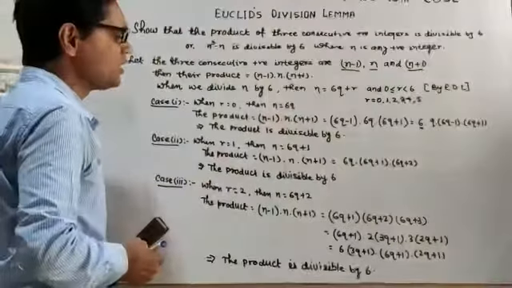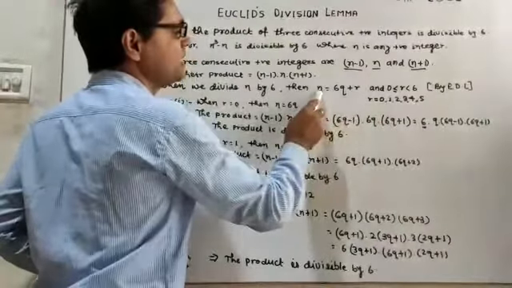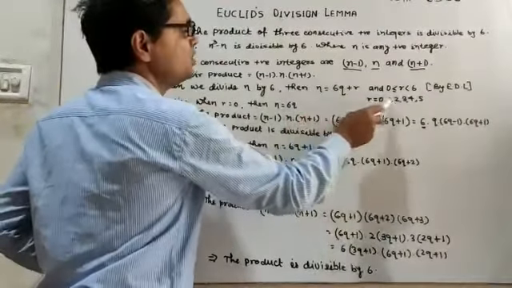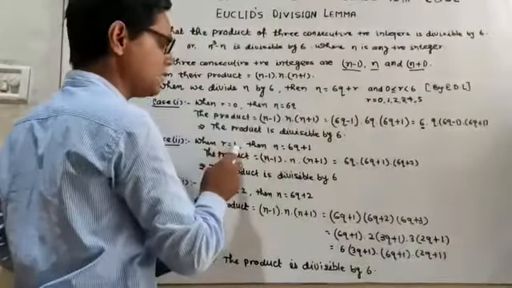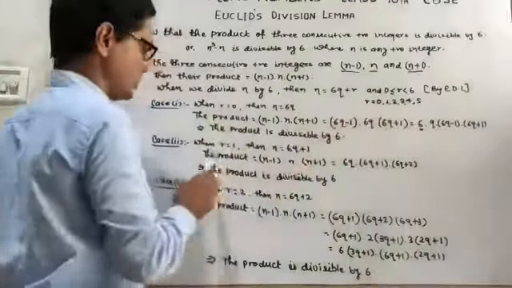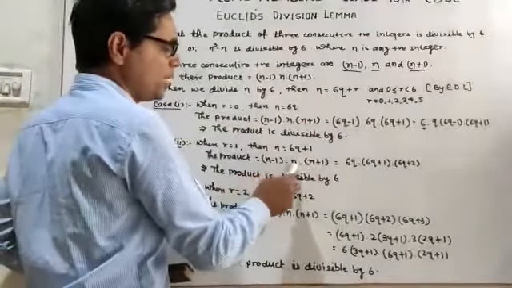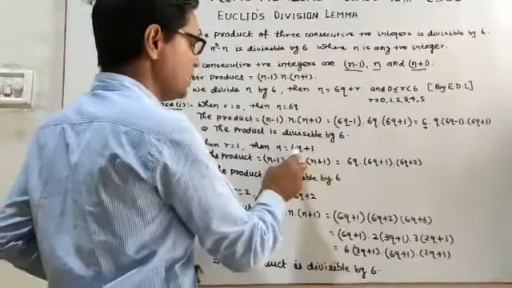Case 2, when r is equal to 1, then n is equal to 6q plus 1. The product is equal to n minus 1 into n into n plus 1.